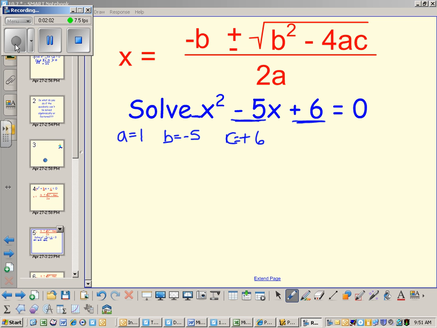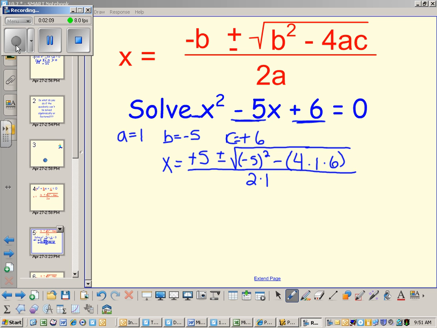So then the next thing that we're going to do is just substitute those values into the quadratic formula. So we've got x equals the opposite of b, b is negative 5, so the opposite of negative 5 is positive 5, plus or minus the square root of negative 5 squared minus the quantity 4 times 1 times 6. It's important to put that in a quantity because sometimes you're going to end up with negative numbers, minusing a negative.